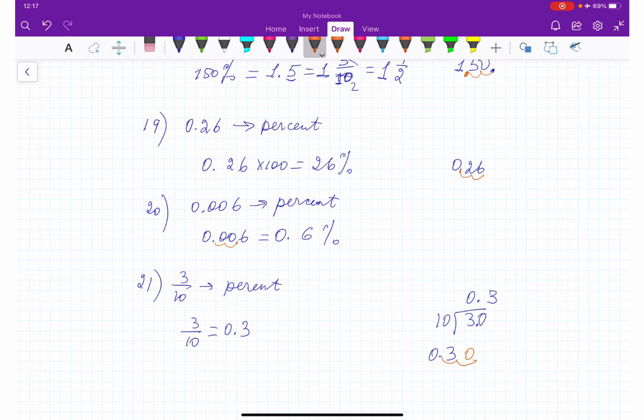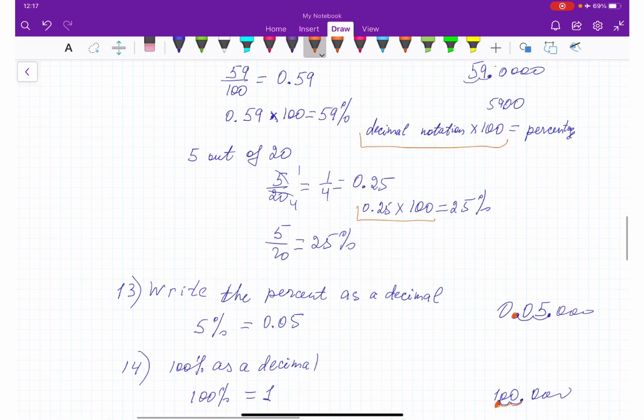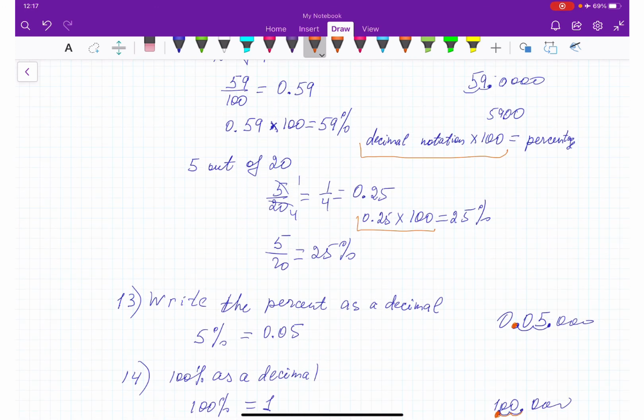Decimal times 100. Remember, I had written it here, where was that? There we go, here it is. Decimal notation to percent, multiply by 100. Obviously, if I want to convert from percent to decimal notation, I have to divide by 100.